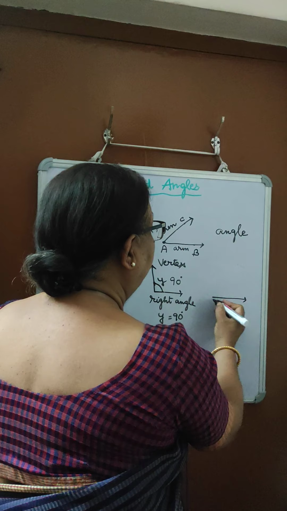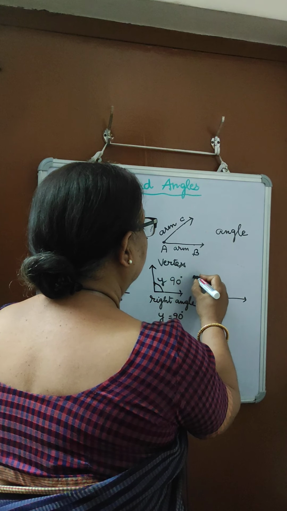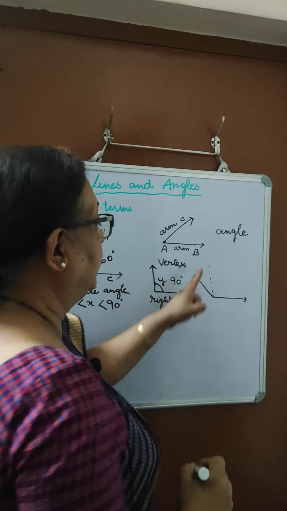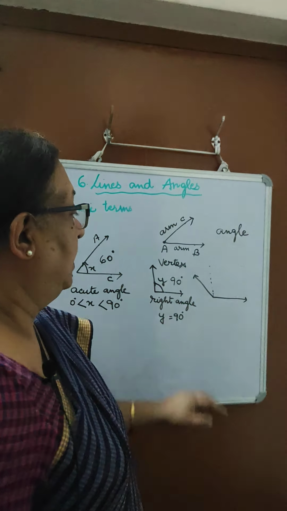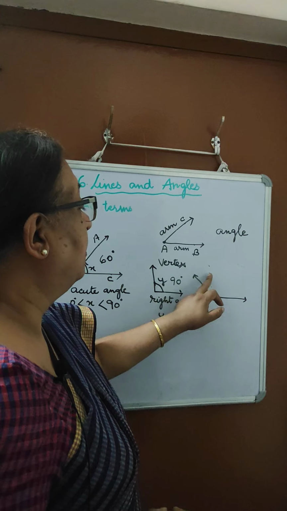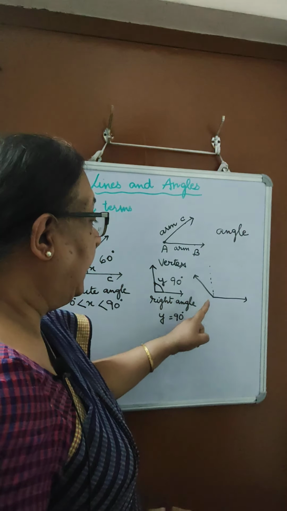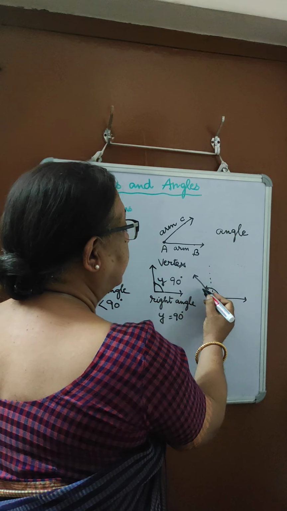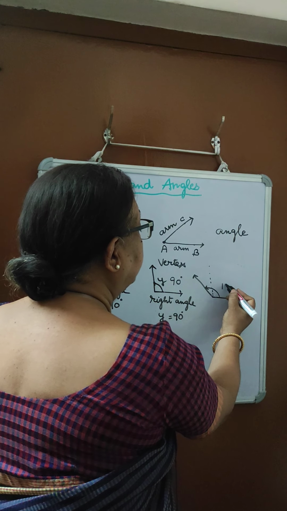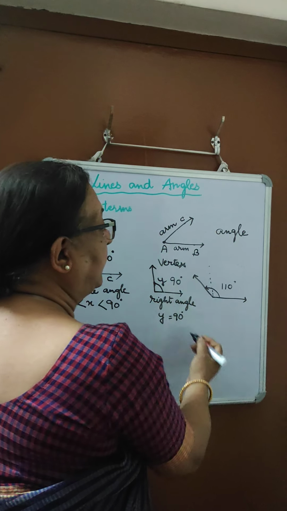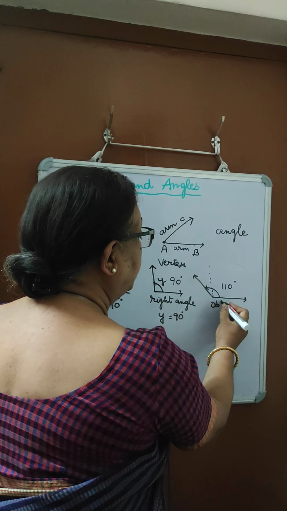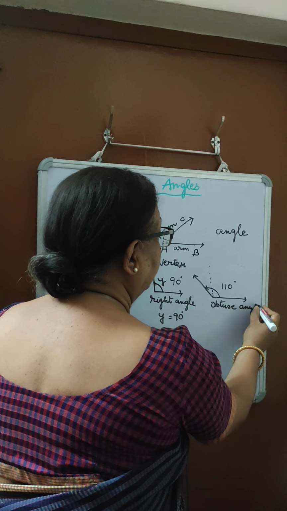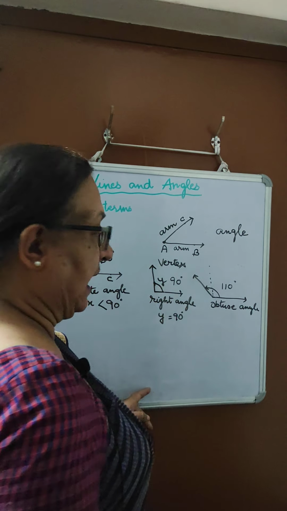Next, suppose you have an angle this way. Now this is 90, perpendicular. So what you find, this angle is more than 90. So any angle more than 90, suppose this is 110 degrees, we call an obtuse angle.